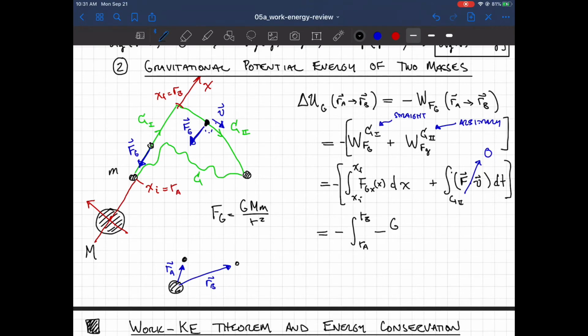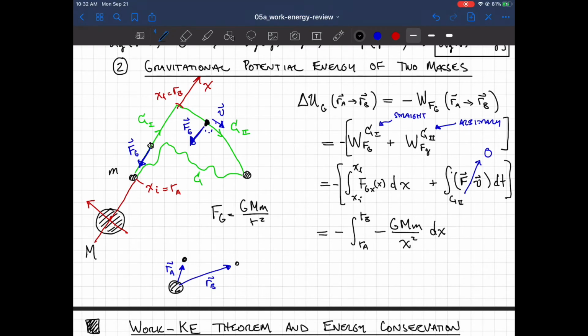So we get minus big G, big M, little m, over, and then this r value in the definition of the force, well, by putting my origin of my x-axis here, the r value is exactly the same as the x position. So I can just replace r with x here. So I have x squared dx. So this is the x component of the force of gravity as a function of my x value.